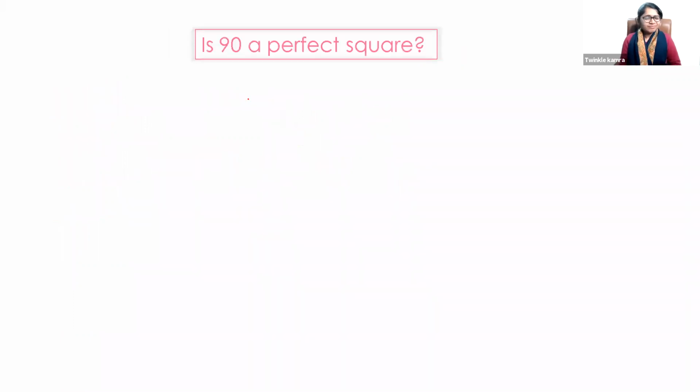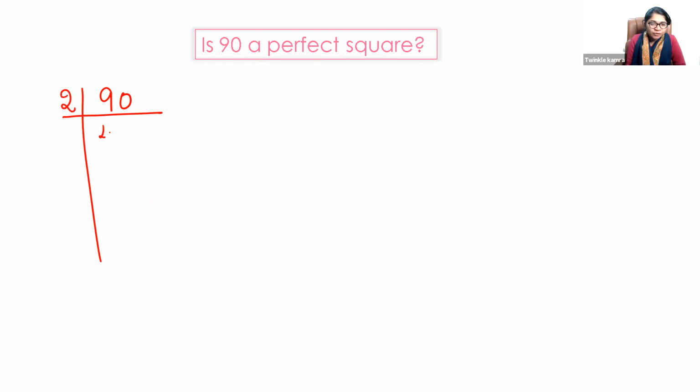Next. Is 90 a perfect square? All right, let's check. If I take 90, the prime factor I see is 2, it is divisible by 2. I get 45. Then I see 3. When you're finding which number to divide with, start thinking about the prime numbers in your mind.